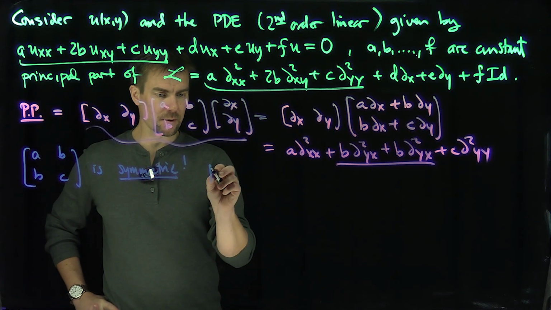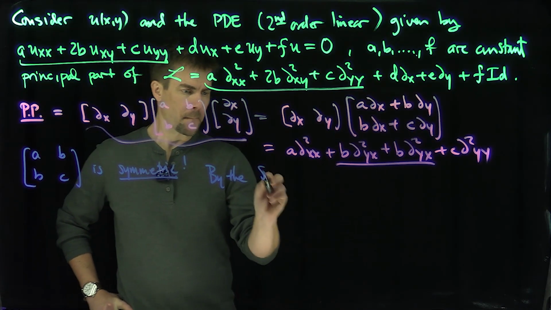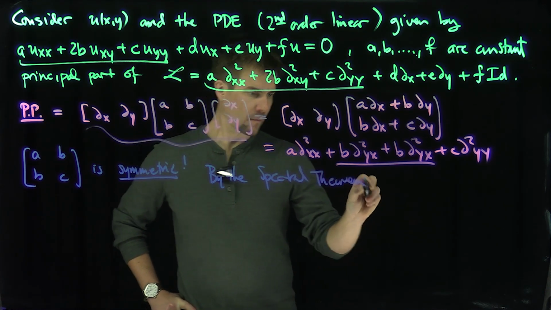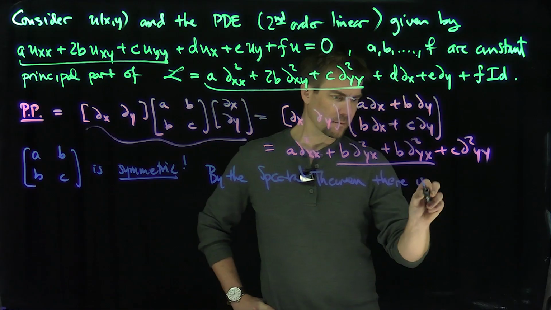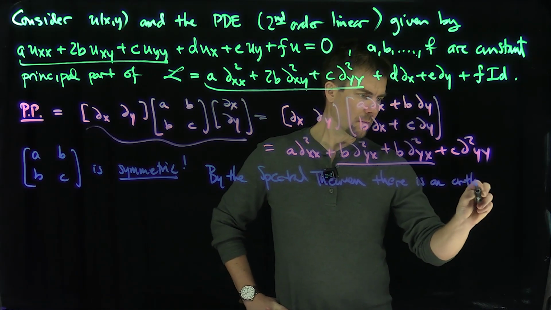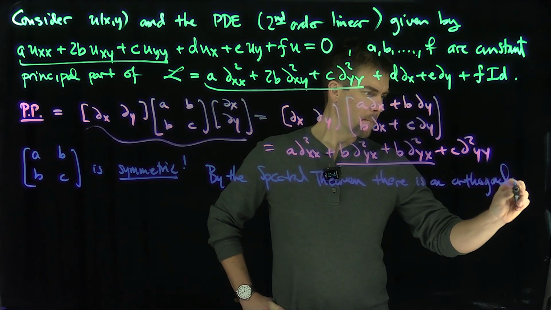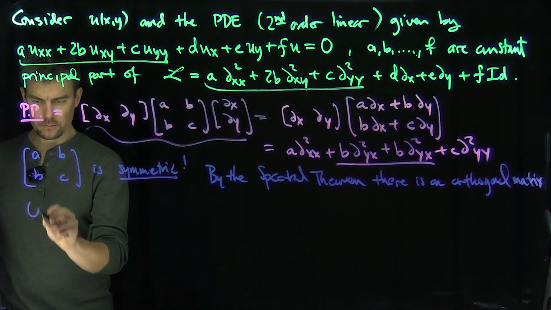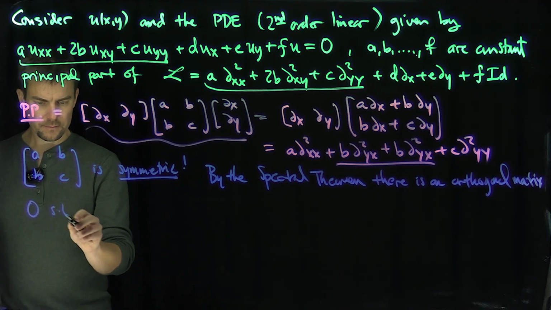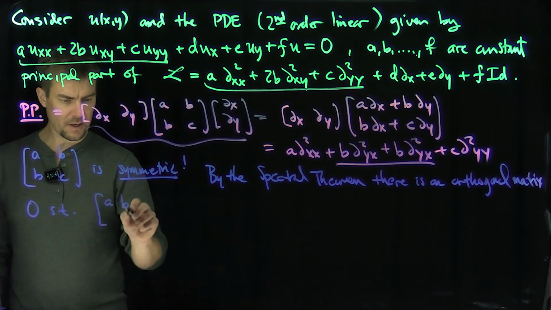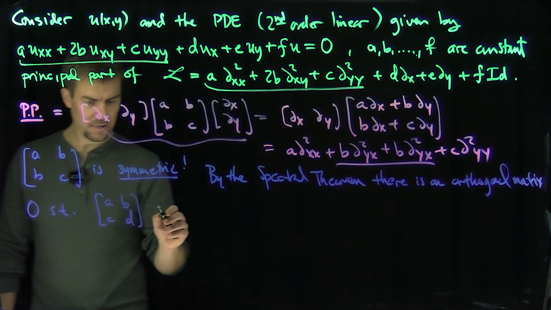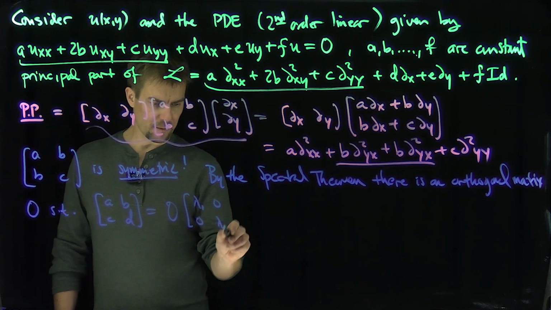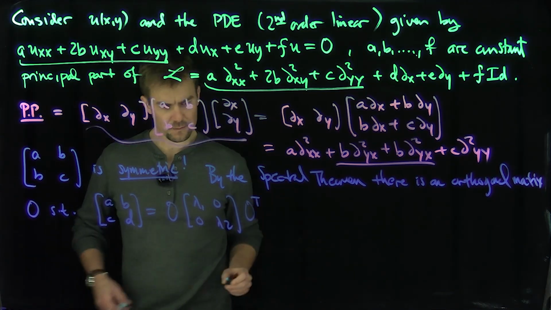By the spectral theorem, there is an orthogonal matrix, let's call it O, such that the matrix A, B, C, D is equal to O times lambda 1, 0, 0, lambda 2, times O transpose, right?